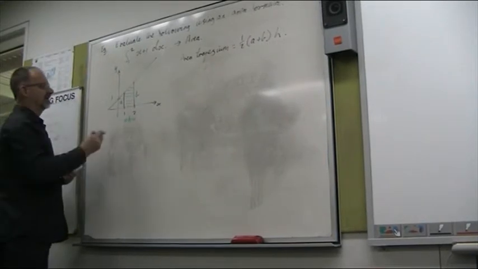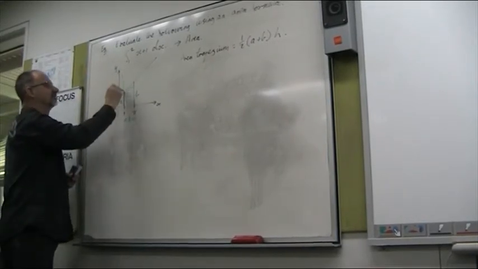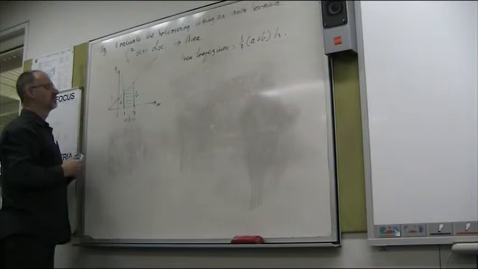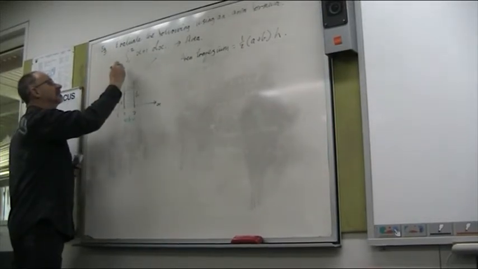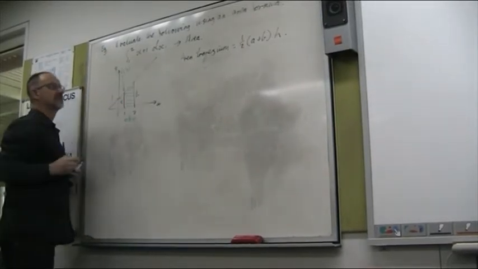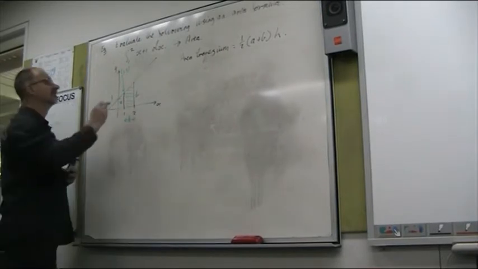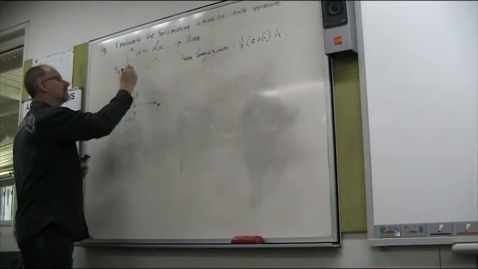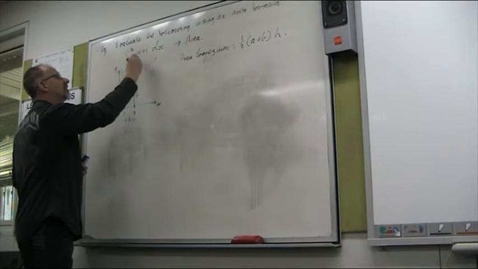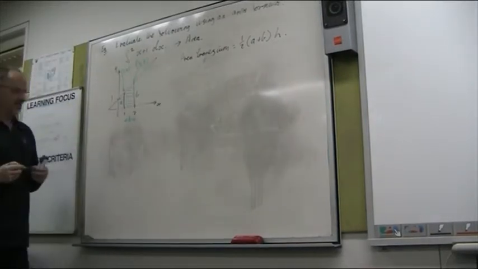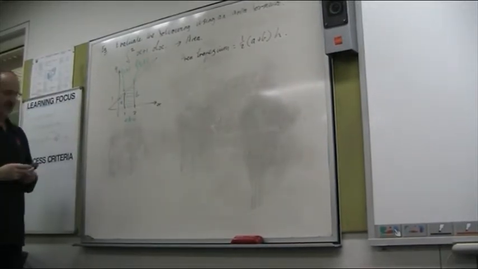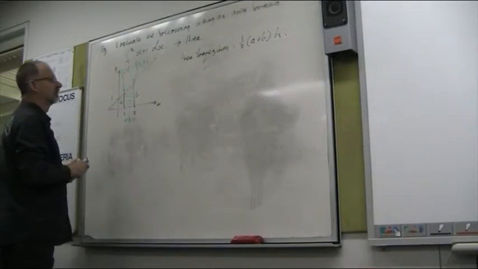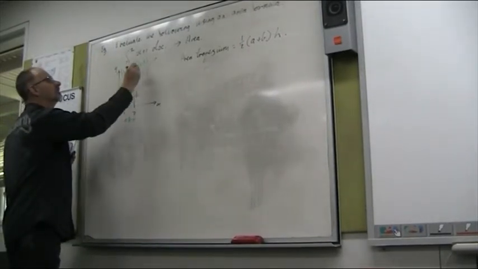When x equals 1, y would be 1 plus 1, which is 2. When x equals 2, y would be 3. So those lengths a and b are 2 and 3.